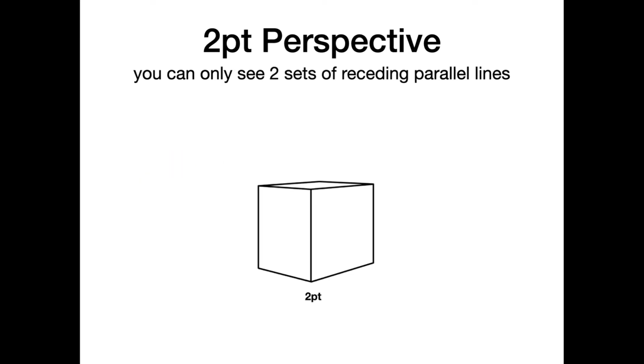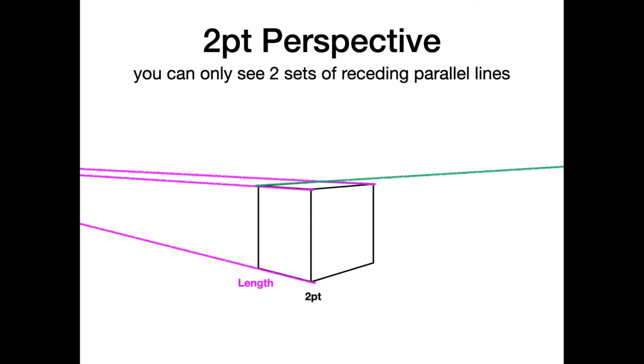2-point perspective. Now what happens if you turn that cube so you're looking at it from an angle? The edge of the cube is now closest to you, and you can see 2 sets of receding parallel lines. The length of the cube is receding away from us towards the left, and now the width of the cube is receding away from us towards the right.